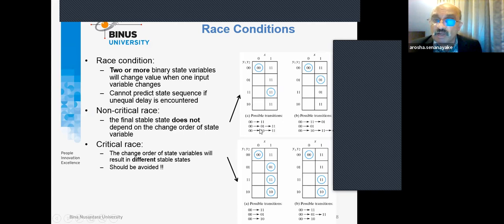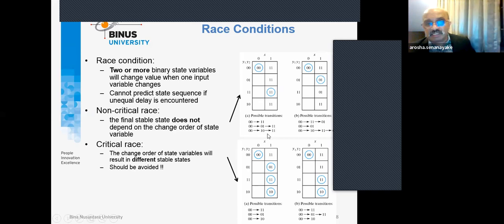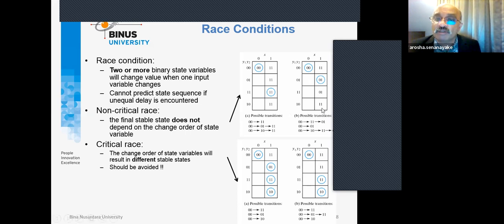From 0 0 to 0 1 it also produces 1 1, and from 0 0 to 1 0, the change of state still produces 1 1. So the final stable state 1 1 does not depend on the order of the state variable change. Similarly, you find those are possible transitions.